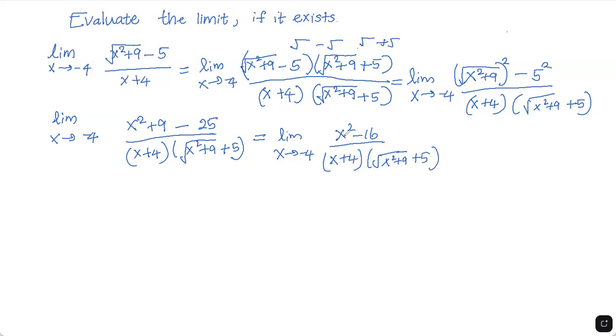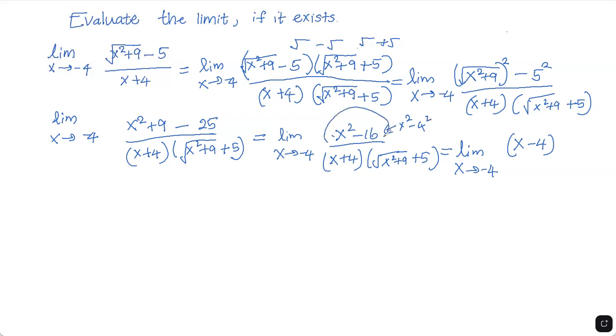Okay. Now here again you have difference of two squares in the numerator. So you can factor that one, x square minus 16, because 16 is 4 square, here you have x square minus 4 square, this term, right?